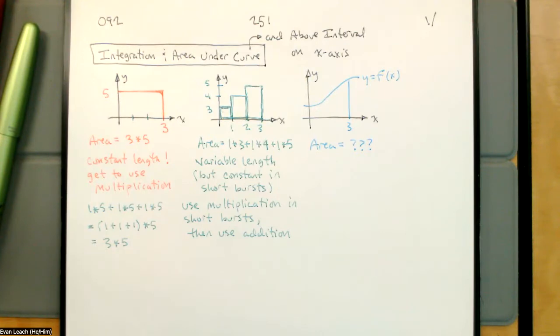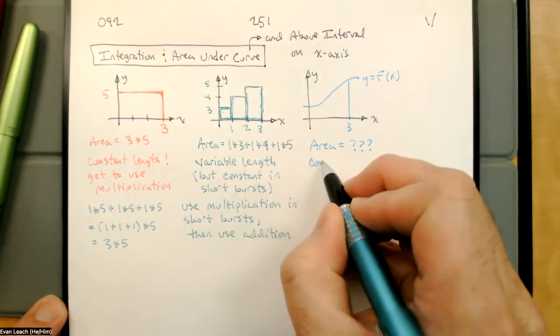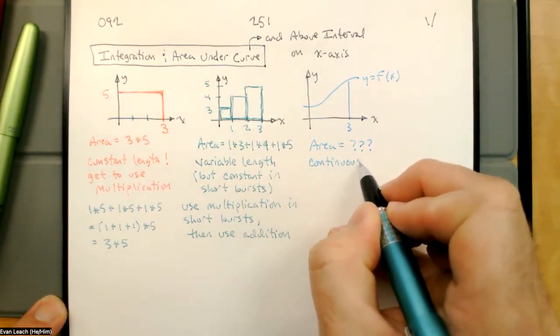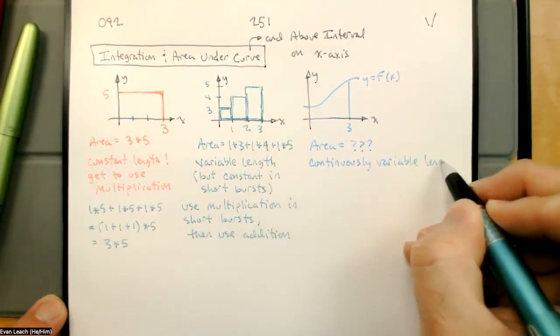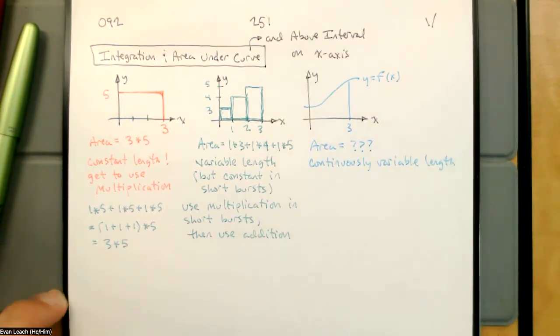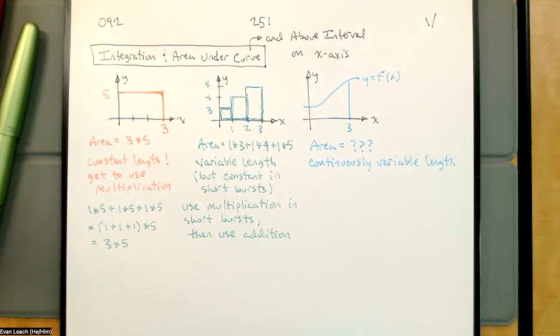In that third case, the length is variable and continuously variable. It's always changing. So this is a problem because we don't have anywhere to put the plus signs.